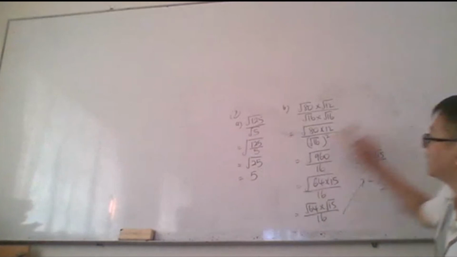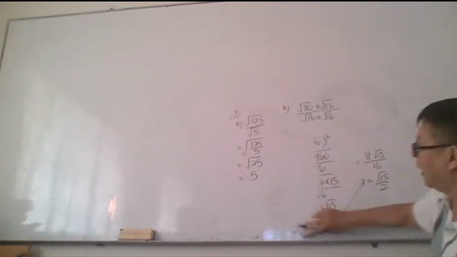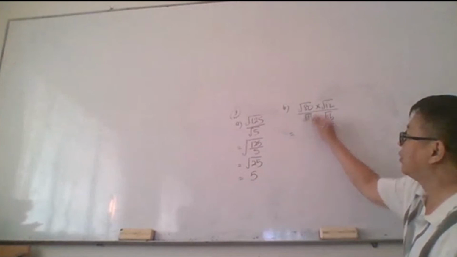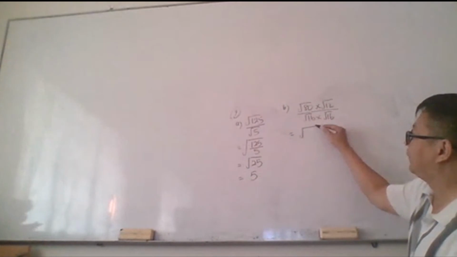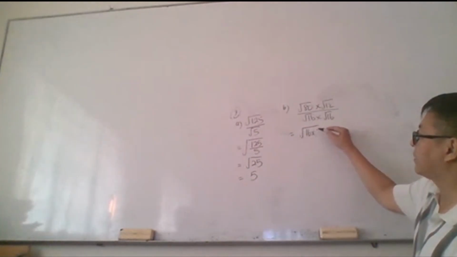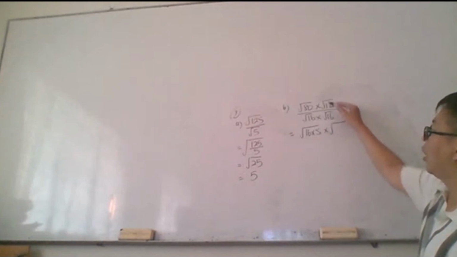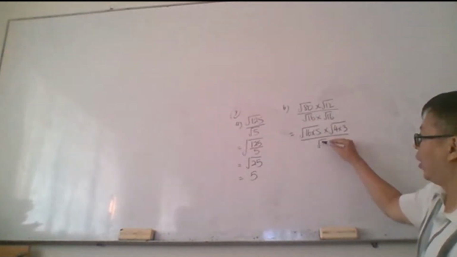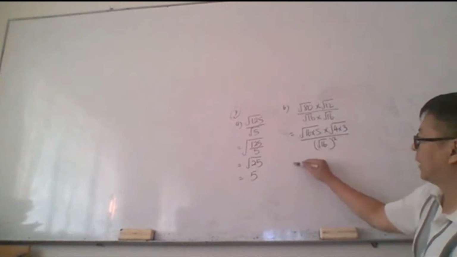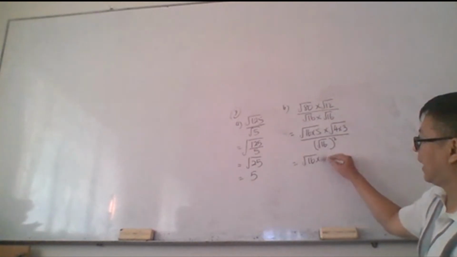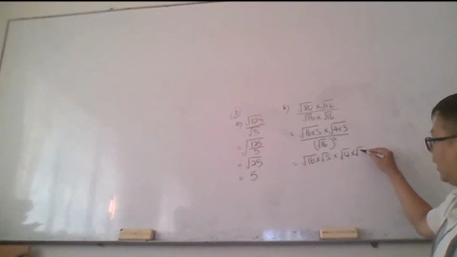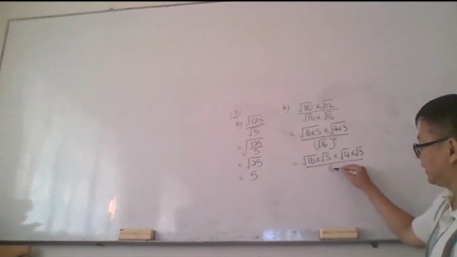But one of the simple ways, in my answer here, I will just put square root of 16 times 5 and square root of 4 times 3 over square root of 16 squared. Then I will separate them, this one and that one over 16.